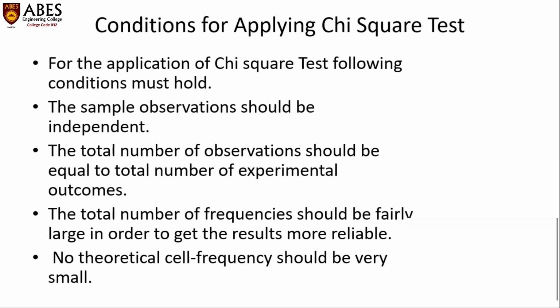Also, the total number of frequencies should be large enough so that the results that we get after applying chi-square test are more and more reliable. However, it should also be kept in mind that the theoretical cell frequencies should not be very small for any category.